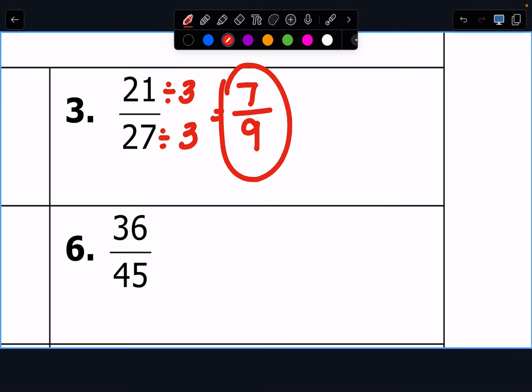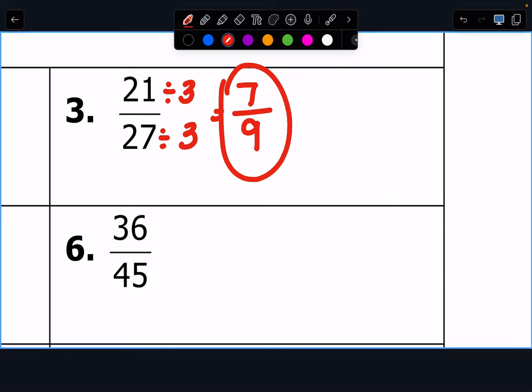Okay. So let's try number 6 by ourselves. What are you going to divide by? I was thinking like 12. I don't think 45 can divide by 12. Show me your iPad for a second.